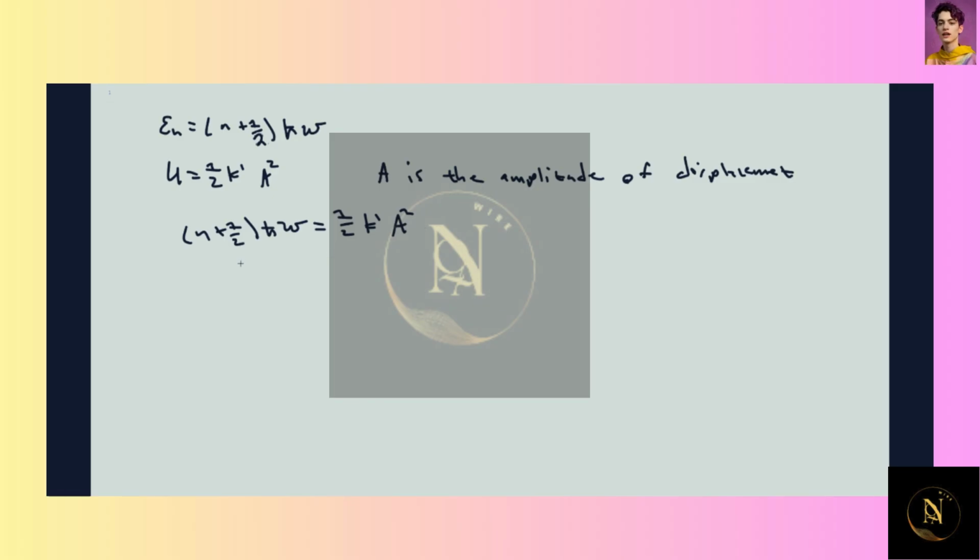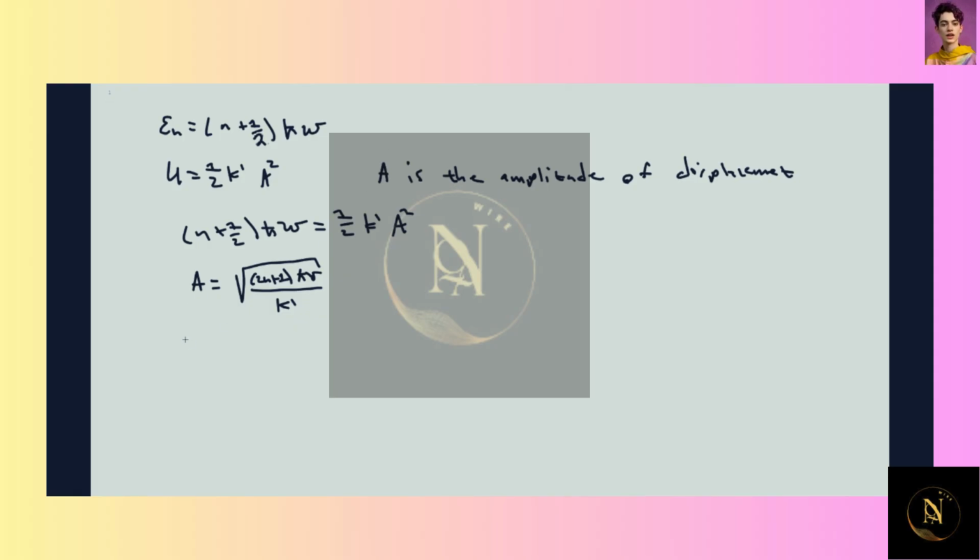And we can solve for a, where a is equal to the square root of (2n plus 1) times h bar omega over k prime. So this will give us the position. A is your displacement, your amplitude, which is basically your delta x, your position. Now we need to get the momentum.